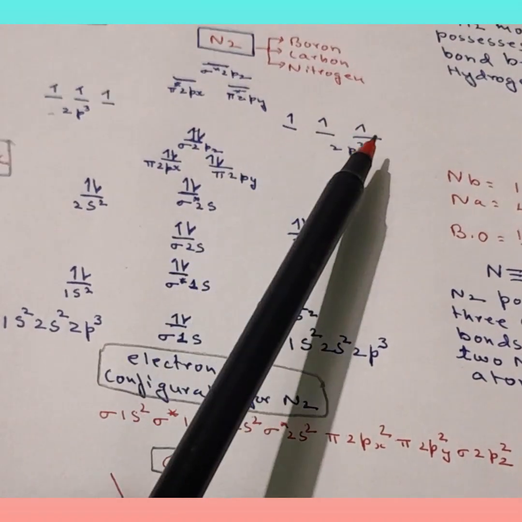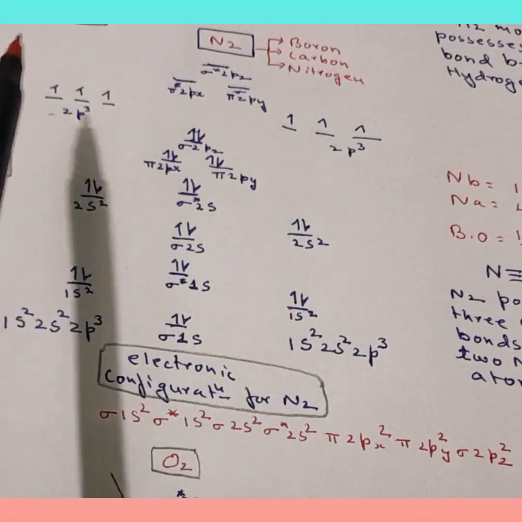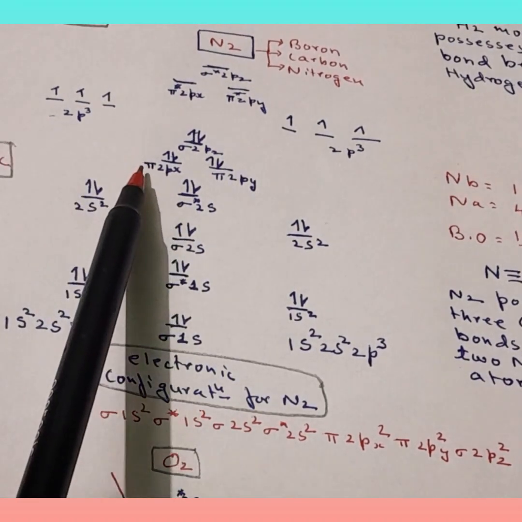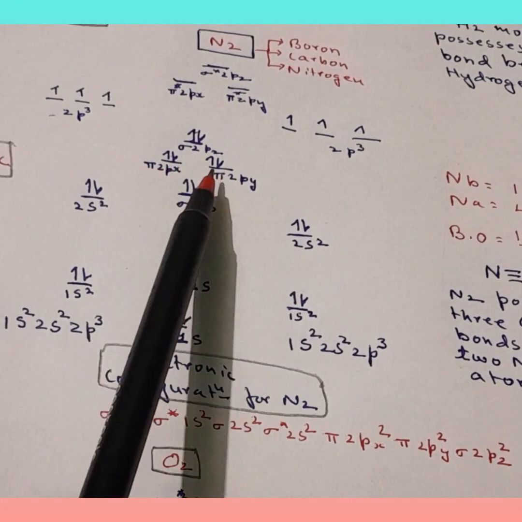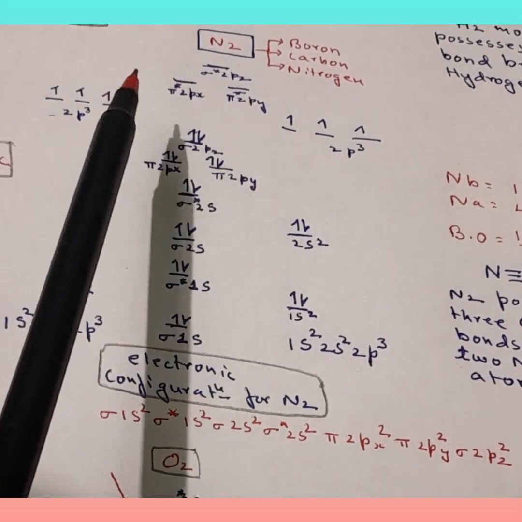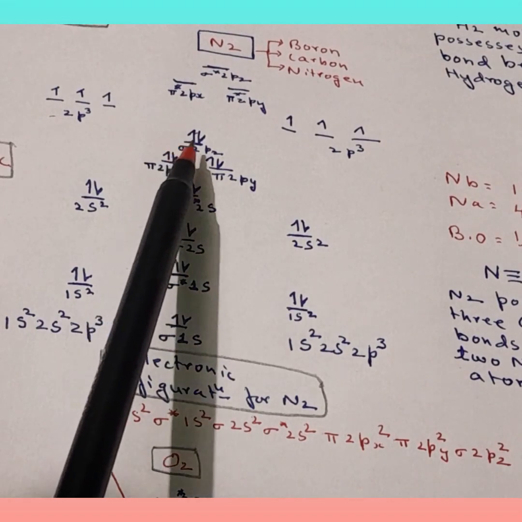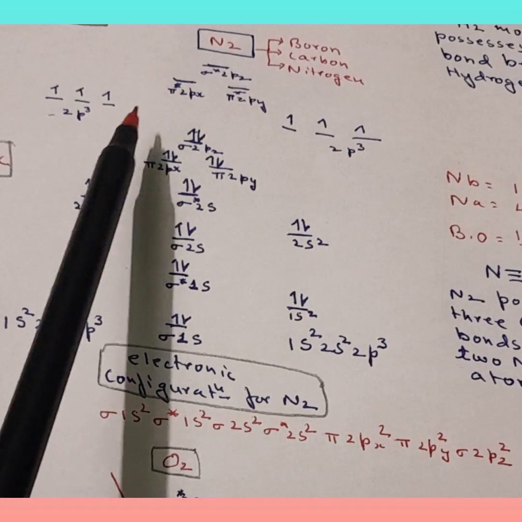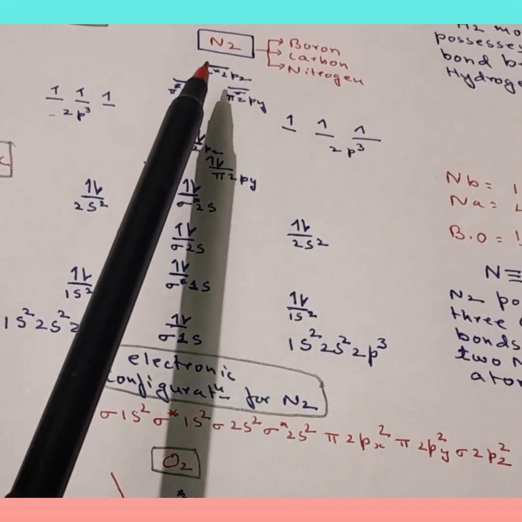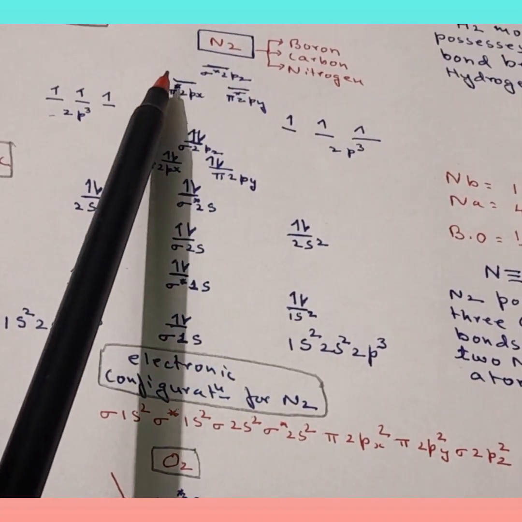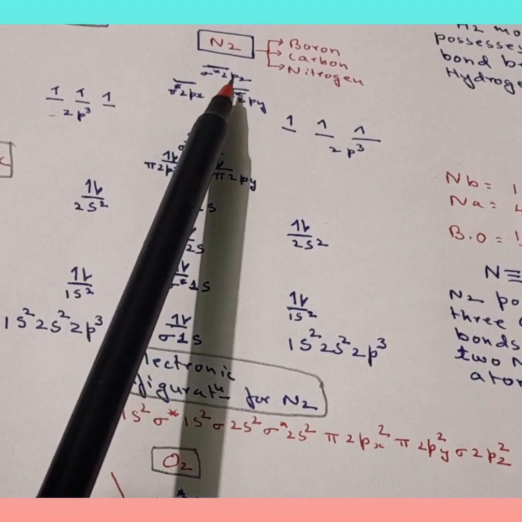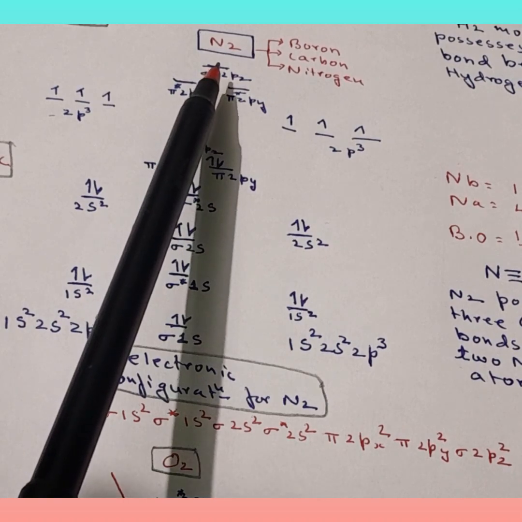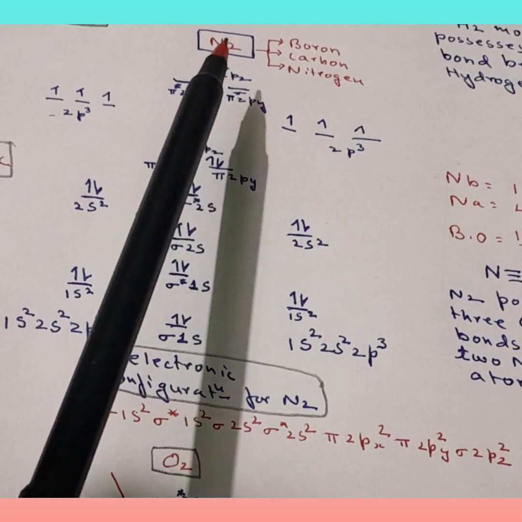Whereas 3p orbitals, that is px, py, pz, px, py, pz, split up into pi 2px, pi 2py and sigma 2pz as bonding orbitals. This we have got to keep in mind. And in case of antibonding, it forms pi antibonding 2px and pi antibonding 2py and sigma antibonding 2pz.